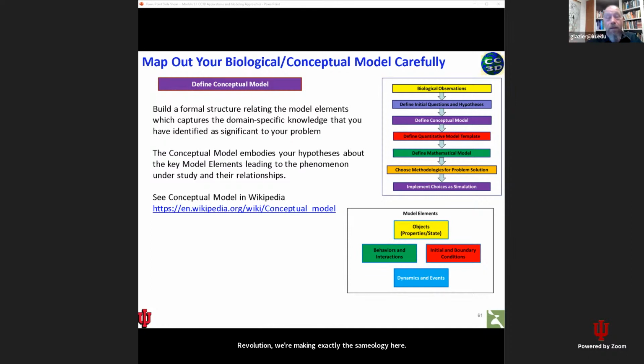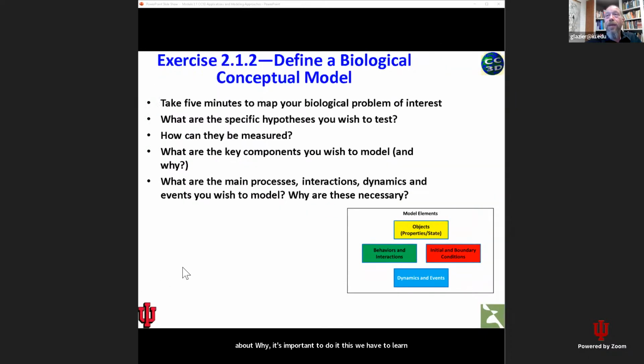And it's ironic, perhaps, that this workflow, having been developed more than 200 years ago, still tends to get short-circuited. And the article in the encyclopedia also talks about why it's important to do it this way. So we have to learn from the greats from the past.